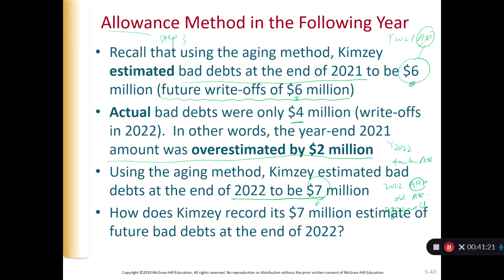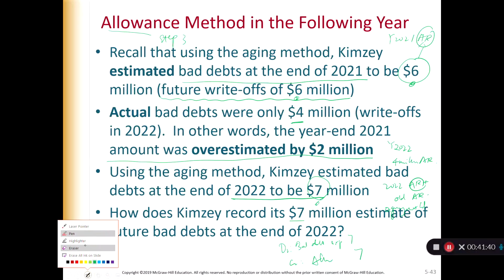So how does Kempsey record its $7 million estimated future bad debt expense at the end of 2022? Do we just naively debit bad debt expense for 7 million and credit allowance for 7 million? No, right?